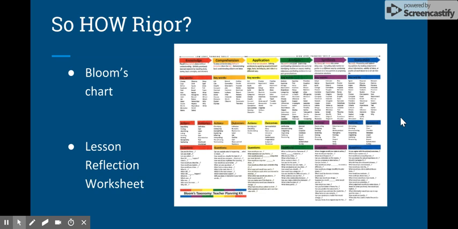So when we are talking about designing this first lesson, you're going to want to refer to the Bloom's Taxonomy teacher planning chart that is in your red folder. And we'll also be talking about the lesson reflection sheet. And again, remember, it's all about being intentional and designing those lessons so that students are thinking at the levels that you want them to be at.